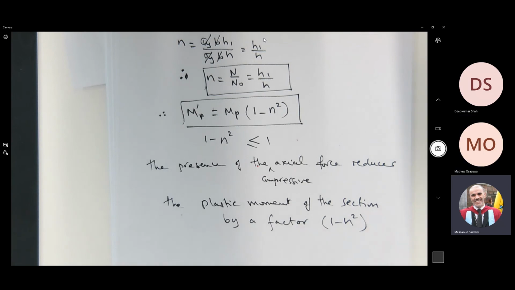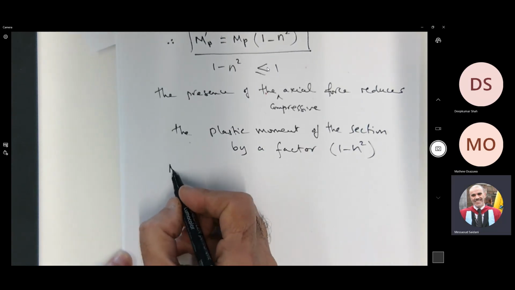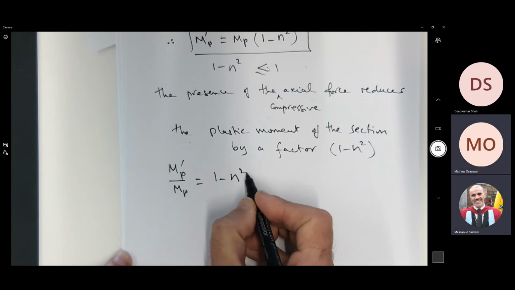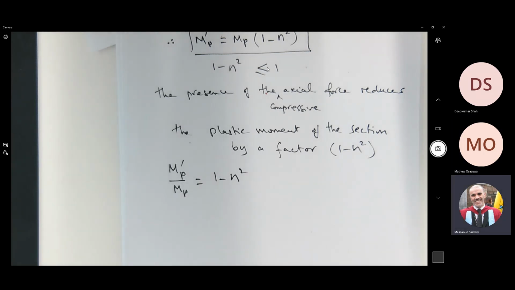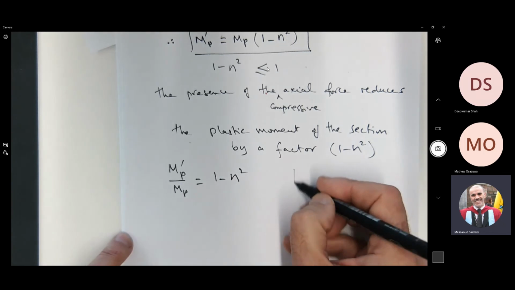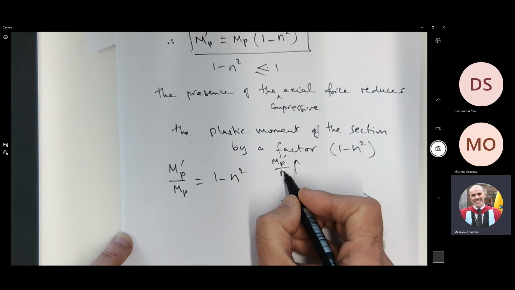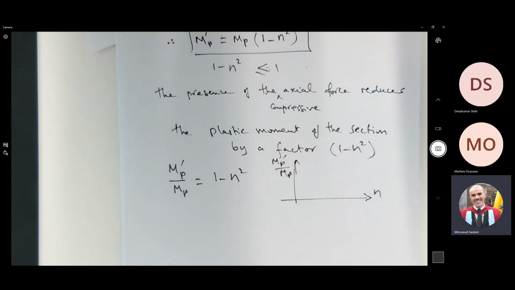Now, I don't know if I've done it here, maybe I didn't. It doesn't matter. You can plot the diagram. MP dash over MP is 1 minus n squared. You can plot MP dash over MP versus n. I leave it to you. What do you think you get?